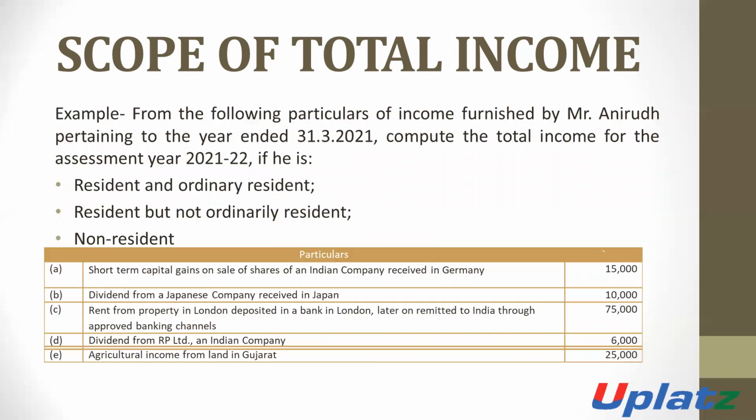Now we will discuss which income will be taxable in the hands of the assessee. Number one, short-term capital gain on the sale of shares of an Indian company, received in Germany. Such income arises in India, so it will be taxable in India in all cases.